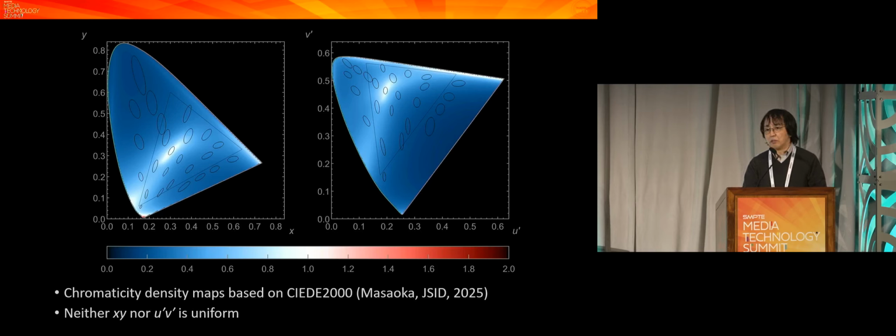However, in the u prime v prime chromaticity diagram, we can also see very dark regions, and the average chromaticity density of the u prime v prime space is smaller than that of the xy space, even in the Rec. 709 RGB triangle. So I would say the MacAdam ellipses are a trick, and neither xy nor u prime v prime is uniform.